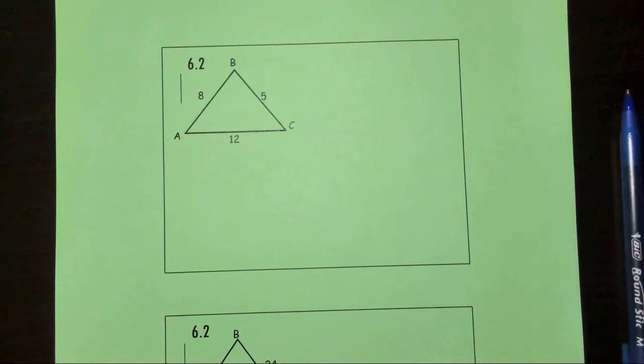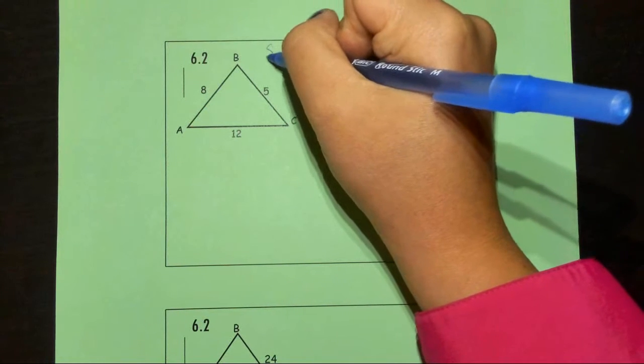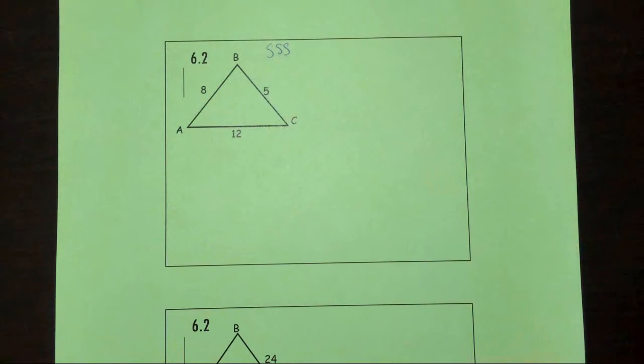Okay, here is example 2. We have 3 side values given to us, so this is our side side side case.